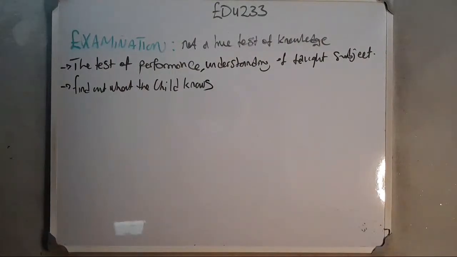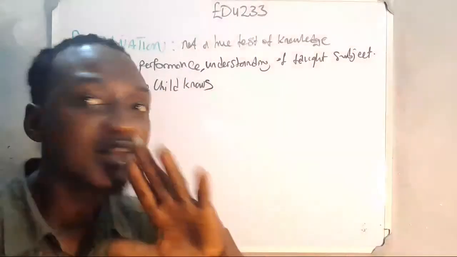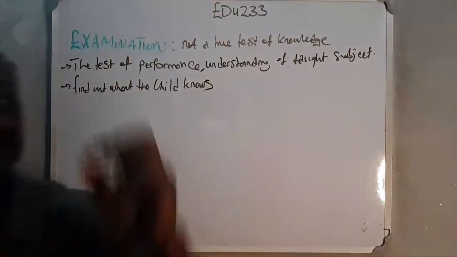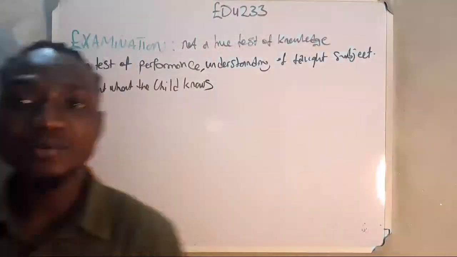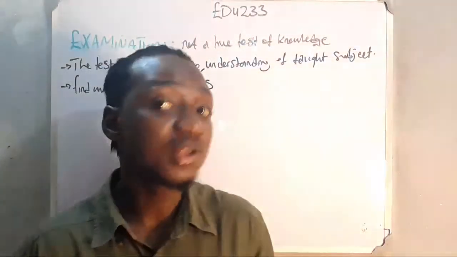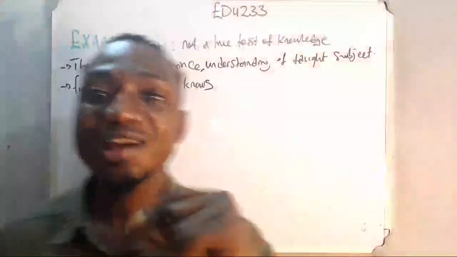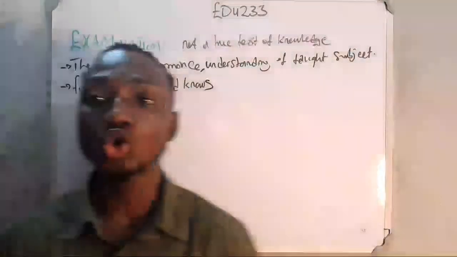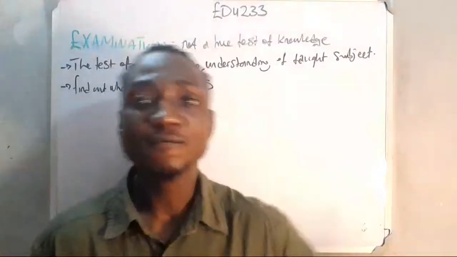It also gives information about individual children that might have escaped observation in a class. Like I said, performance helps the teacher to know that this particular child might have attended this class, might have been following, but is not learning. By the level of his performance, the teacher will then be able to conclude that this child hasn't been doing so well following this class.